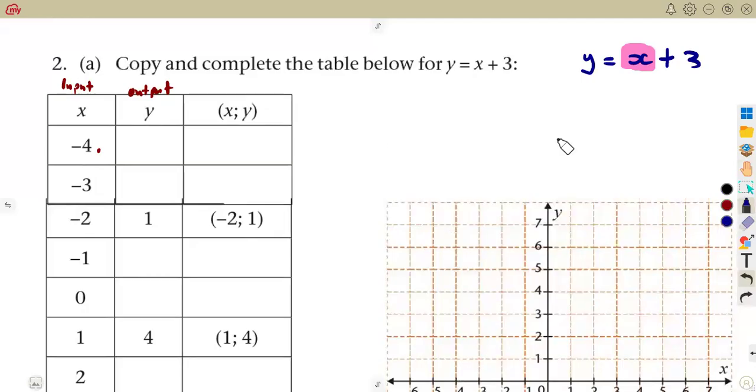So let's start with minus 4. Y is equal to x. What is x? Substitute. I talked about this substitution. So I think, guys, this is now direct. So you add that 3, which is already there. 3 is not affected. So minus 4 plus 3 is what? This is minus 1. So the y value is minus 1.